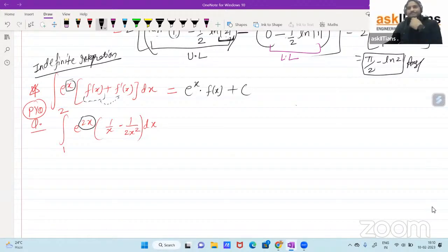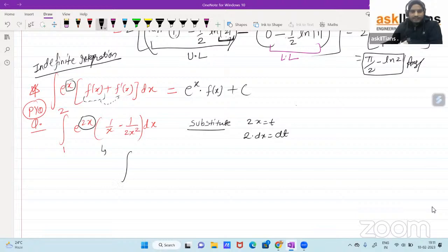So what you can do is substitute 2x equals t. So 2 into dx equals dt, when you differentiate on both sides. So this will become integration e power t.